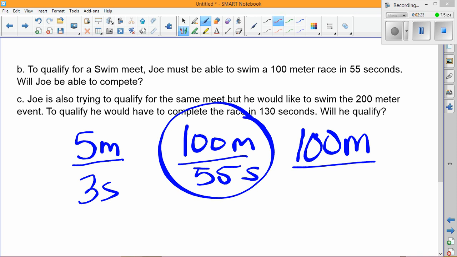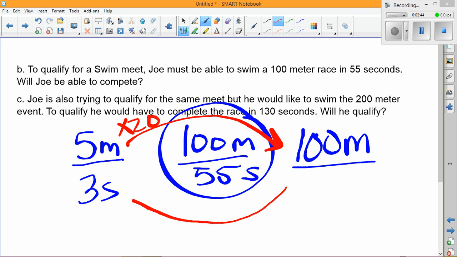Now, we need to figure out how fast Joe is going to go. And what we can do is we can use equivalent fractions. So I made a fraction out of his rate, and I know that 5 times 20 is 100. And because 5 times 20 is 100, then since we have the same ratio no matter what, whatever's on the bottom of this ratio has to be multiplied by 20 as well.